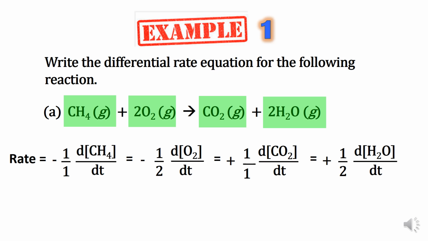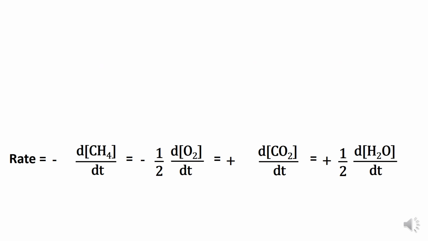Look at the methane and CO2. The stoichiometric coefficient is 1. 1/1 equal to 1. So no need to write 1. That is the differential rate equation for the reaction. In writing differential rate equation, the stoichiometric coefficient is written in front of the differential as 1 over stoichiometric coefficient.